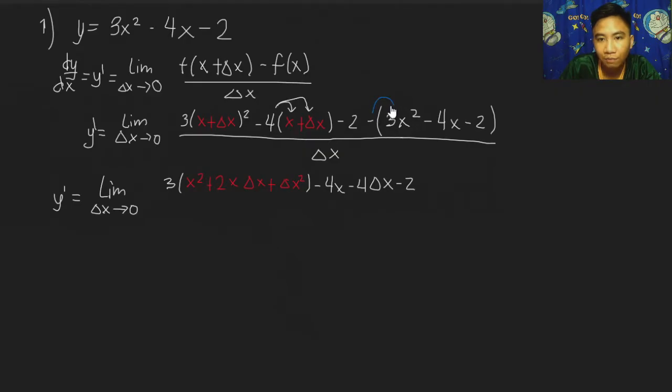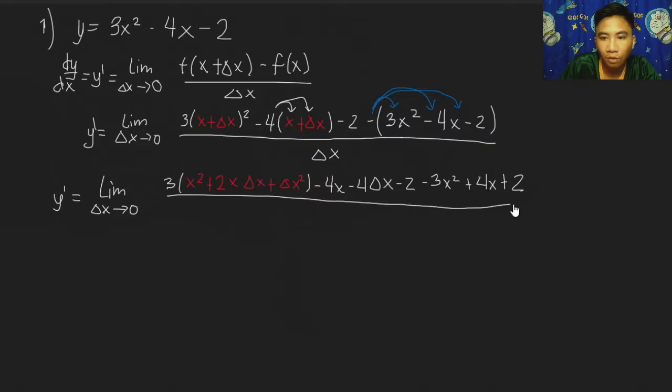And then, ito din, you just multiply. Itong negative, change sign lang tayo. So, ang magiging dito is negative 3x squared minus positive 4x plus 2, all over the delta x.